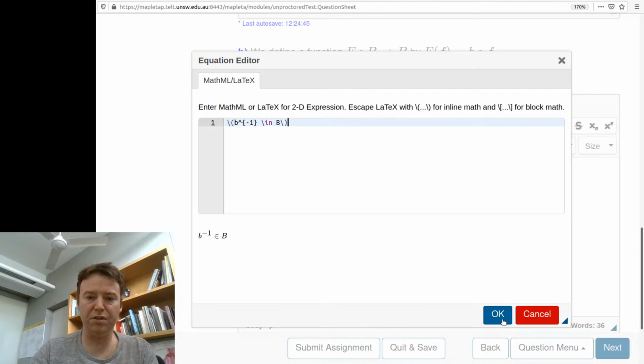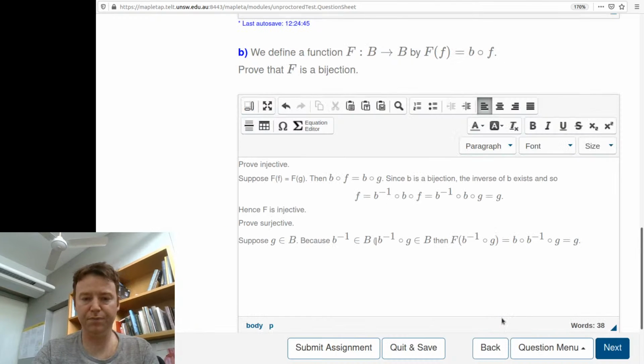So B inverse is in B, and maybe some words here, since B is a bijection.